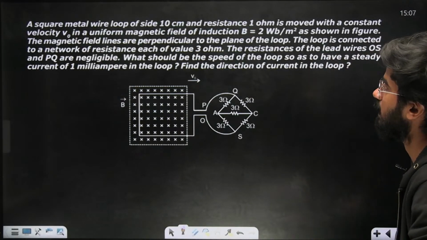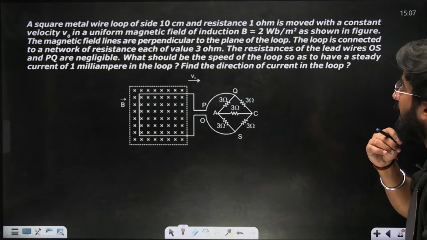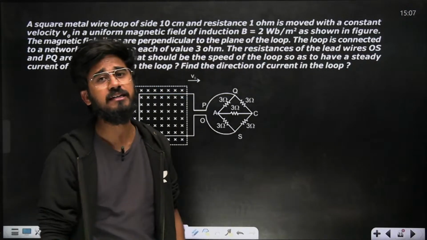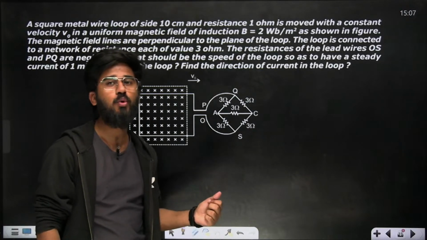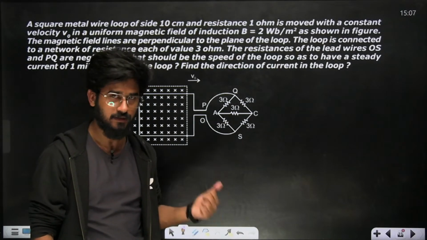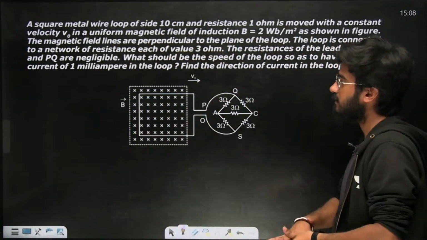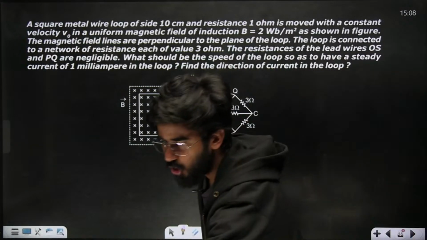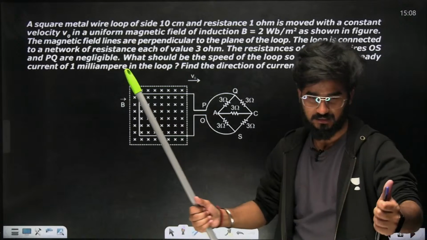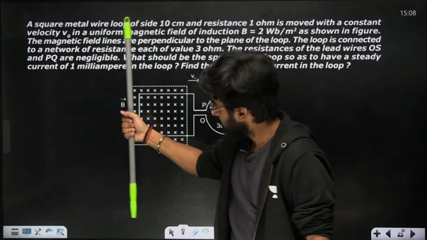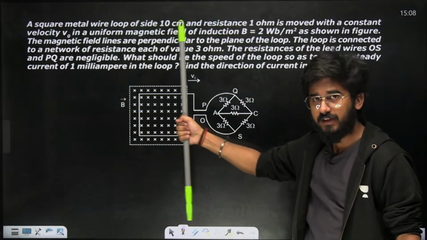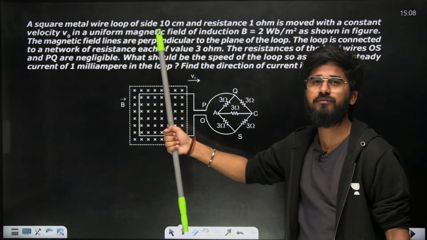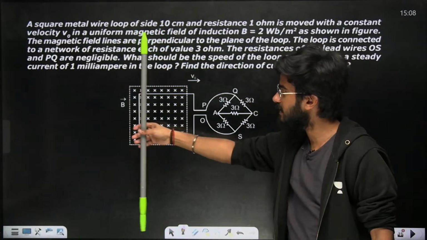Listen to me very carefully. Find the direction of the current in the loop, and we also have to find the value of velocity. Now if this is a loop, as I have said, if the rod is moving, it simply means it will have some kind of motion, so there is some motional EMF.